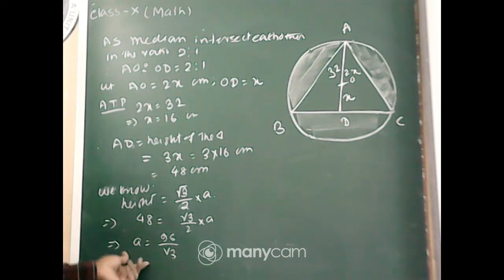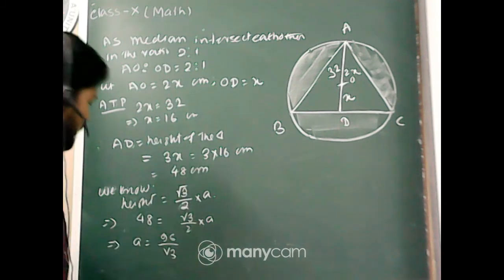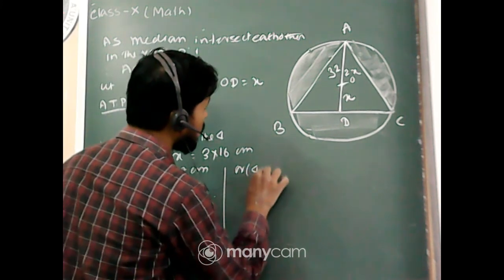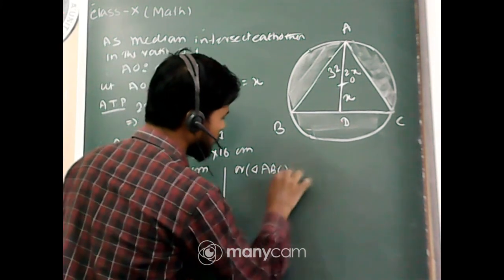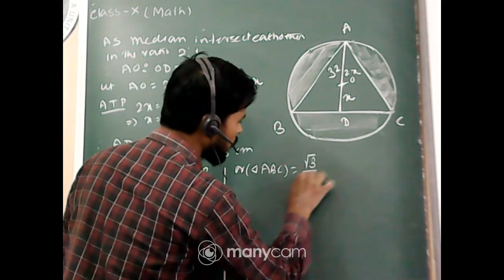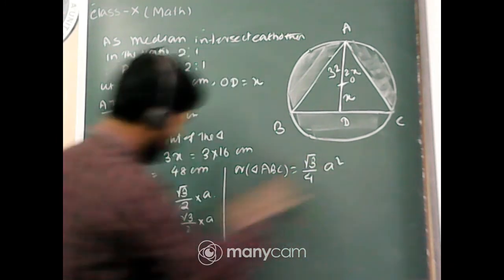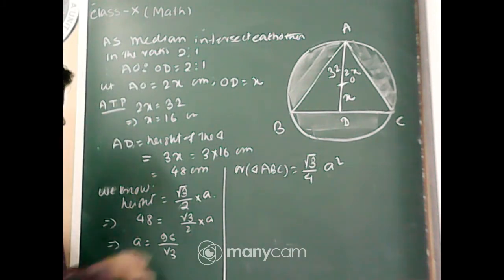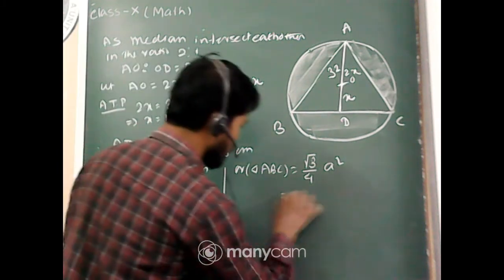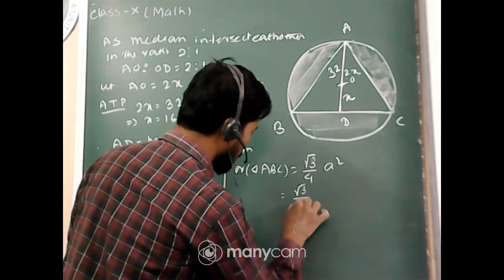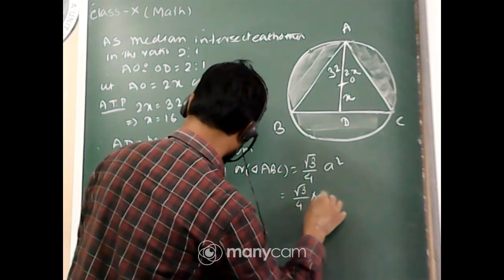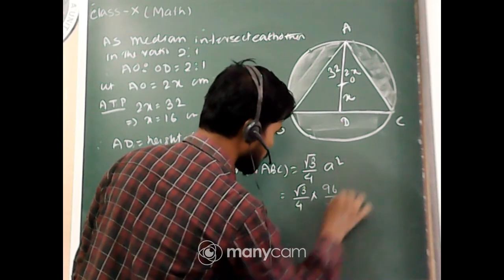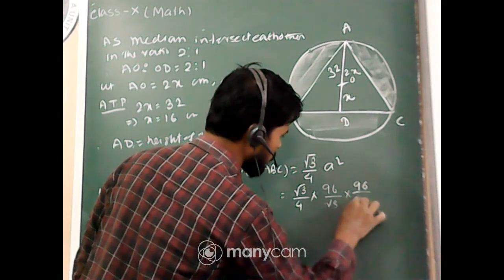Now whenever the side of the triangle is known, find the area. Therefore area of the triangle ABC is equal to root 3 by 4 into side square. Now put the value of a here. So that will be root 3 by 4 into 96 by root 3 into 96 by root 3.